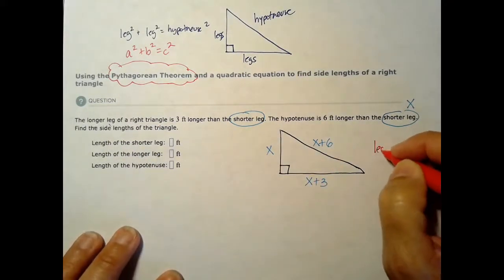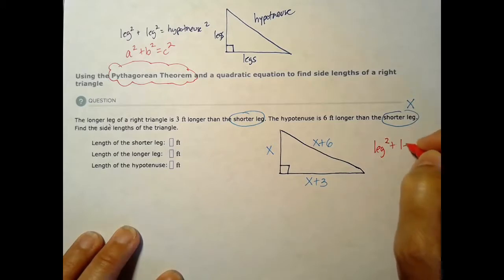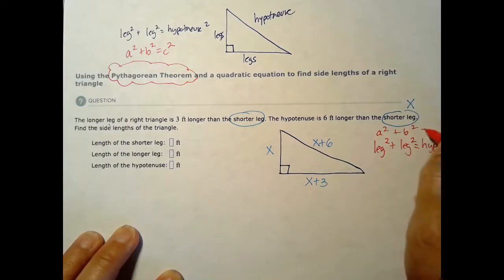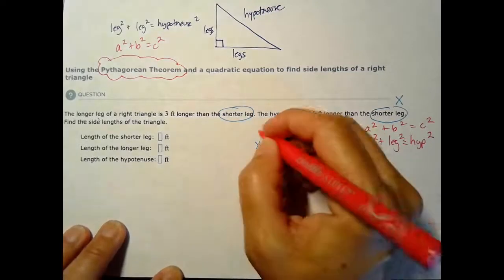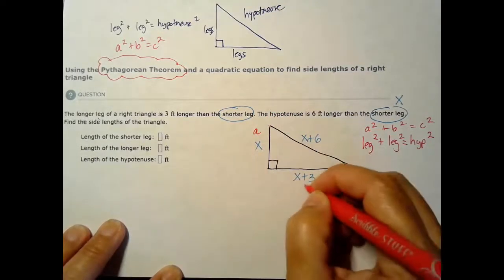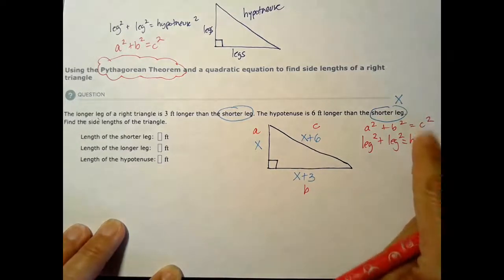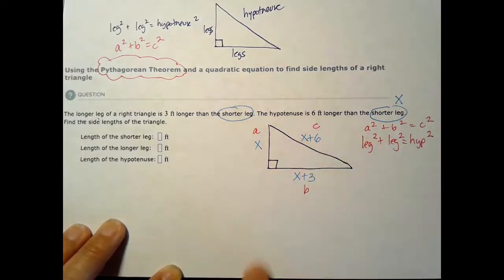And remember, our formula says leg squared plus leg squared equals hypotenuse squared, or a squared plus b squared equals c squared. So I'll let this be my a, this is my b, and of course that has to be my c because the hypotenuse is always the c. You can interchange those.